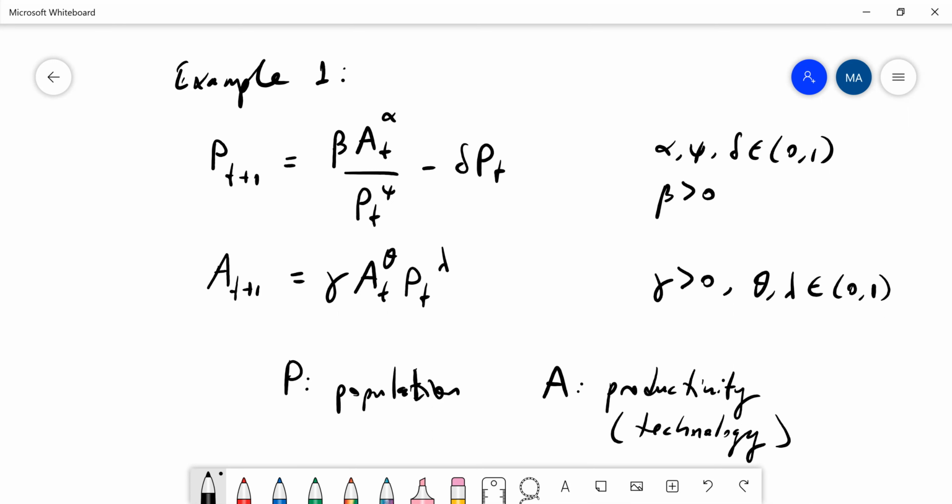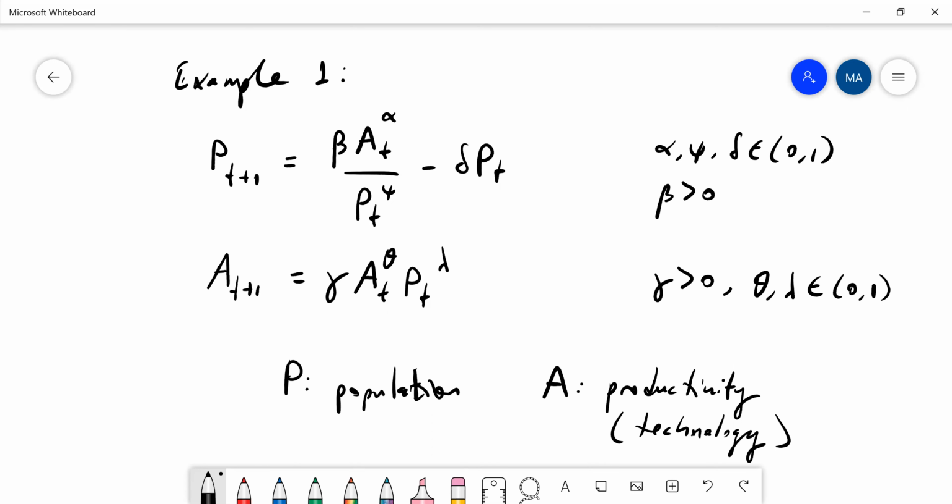Now these births depend on productivity positively. Why? Because as in the Malthusian model, if there's a larger level of productivity, we have more income, we have better living standards, so we can afford marriage, we can afford having kids. And this depends negatively on the population level. Why?